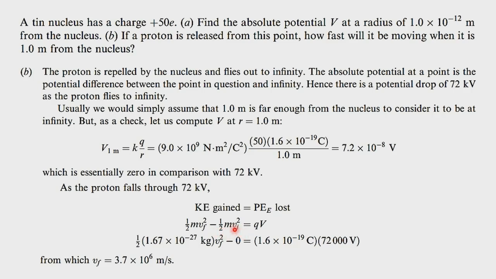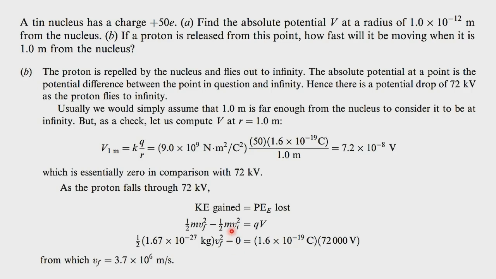Since the proton is released from this point, originally the proton is at rest, where the velocity is equal to 0, so we can convert that into 0 later on.